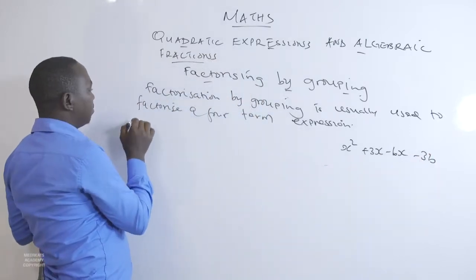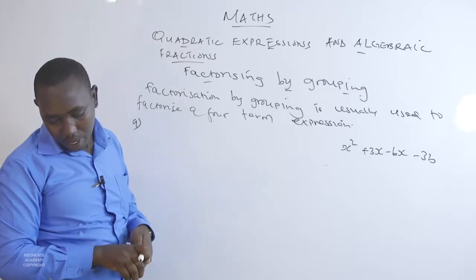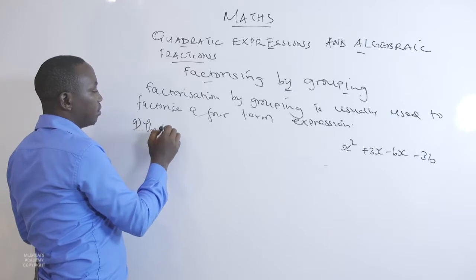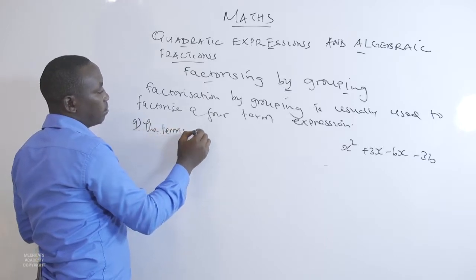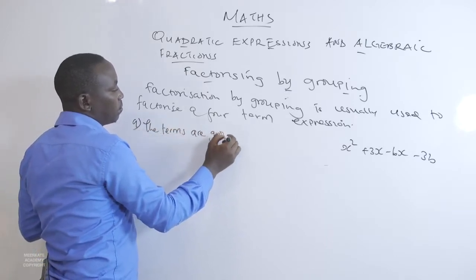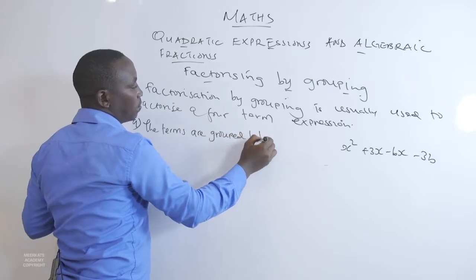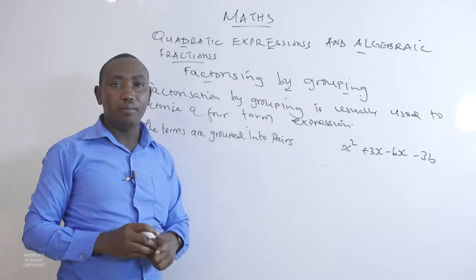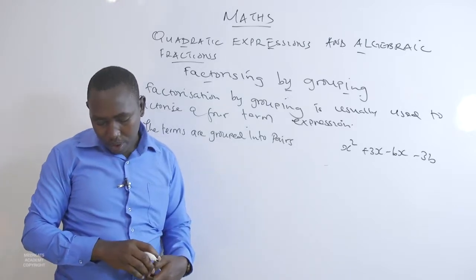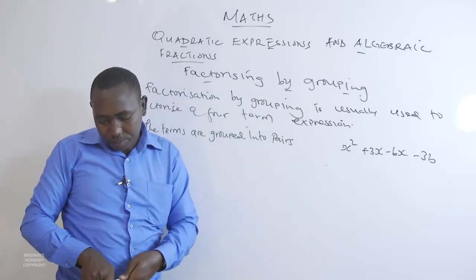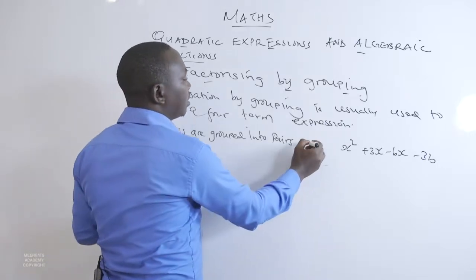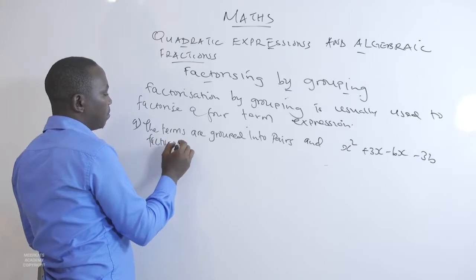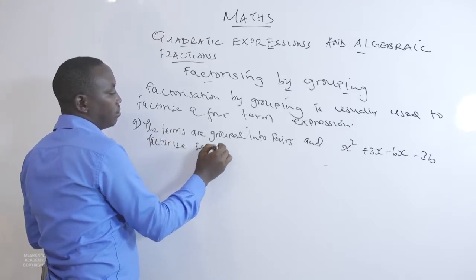The first step is the terms are grouped into pairs. You first group the terms into pairs and factorize separately.